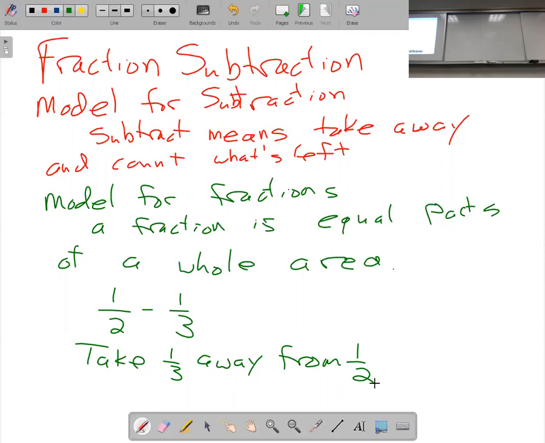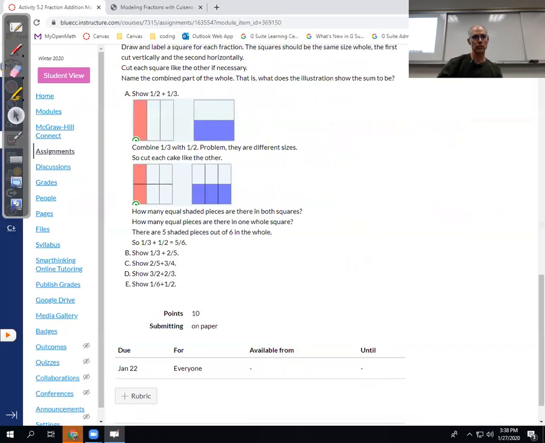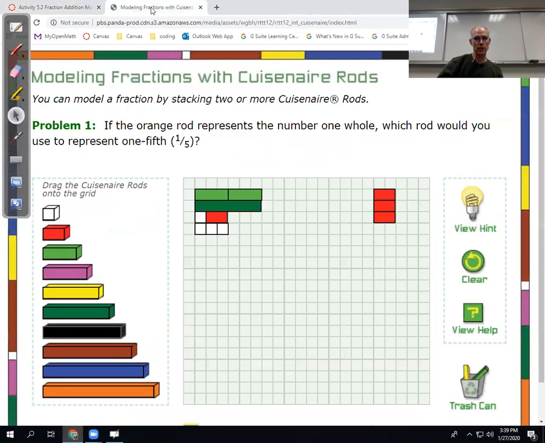So let's start with the color strips. We've got the digital version here. Let's see, here we go, clear. So let's use the dark green 6 as our whole. And we want to take away from 1/2, we want to take away 1/3.